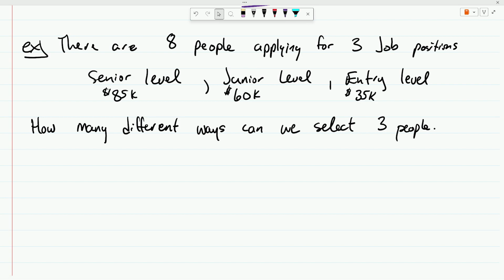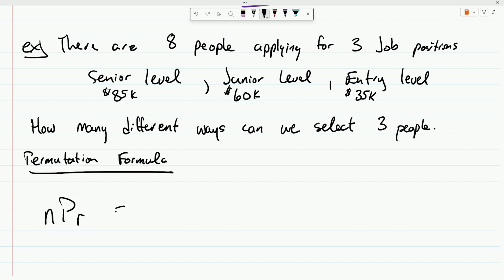Okay? Well, to help us calculate this, we're going to use what we call a permutation, or the permutation formula. So the permutation formula looks like this. So let me write it, and then I will explain it. All right, so here's our formula.